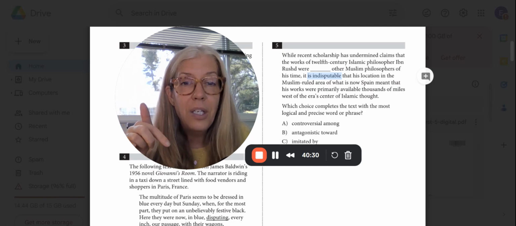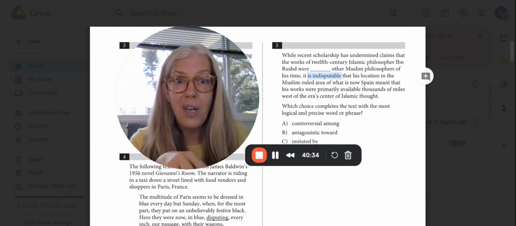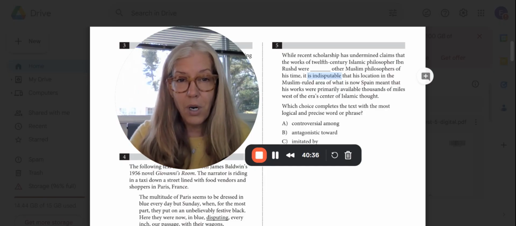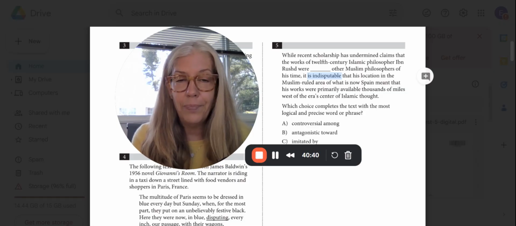So it is indisputable that his location and the spread of his work meant that he seems like he must have been pretty important.